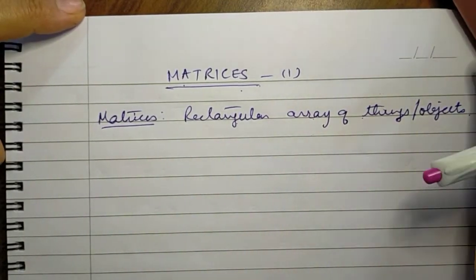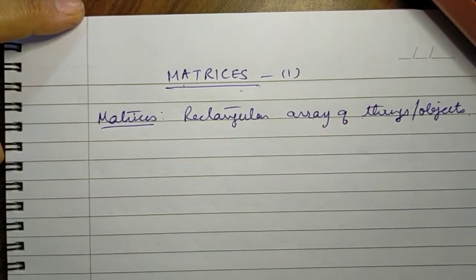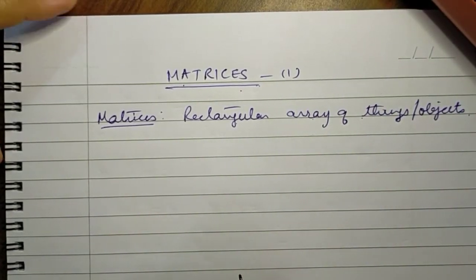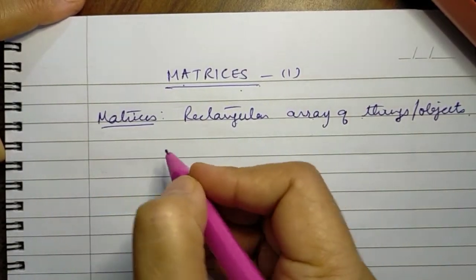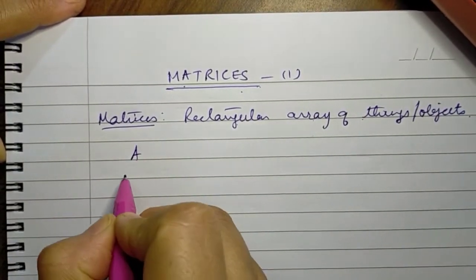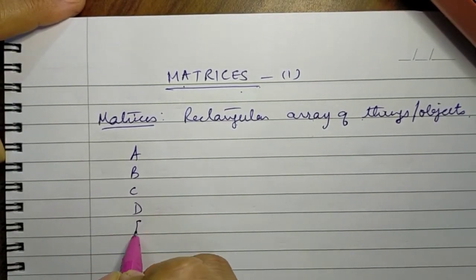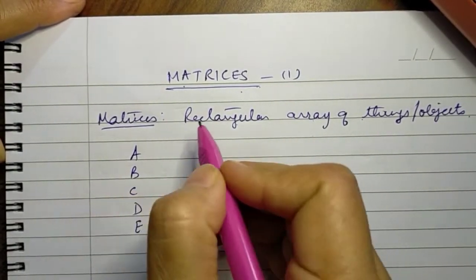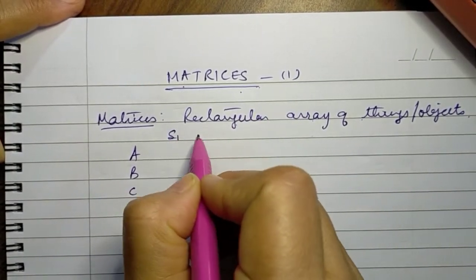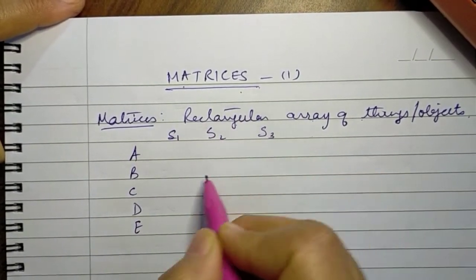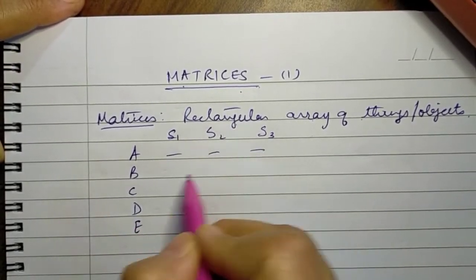For example, if in a class there are 5 students whose results have to be compared, we usually write the students as A, B, C, D, E, and the subjects in which we want to compare their marks, let's say S1, S2, S3, and then we make these entries like this.